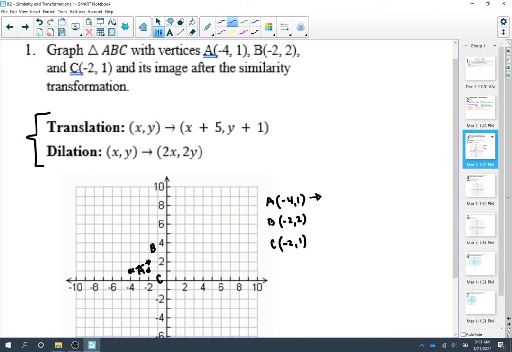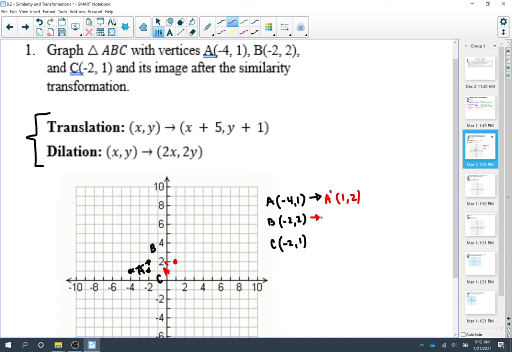Or you can literally just take your A point on your graph, which is right here, and you can move it +5 in x, so 1, 2, 3, 4, 5, and then up 1 in y, and it's going to sit itself right there, and that's going to be our A prime. But if I'm adding 5 here, that tells me that A prime is really going to be at 1, and then add 1 here, and 2, which is exactly where we put it on the graph.